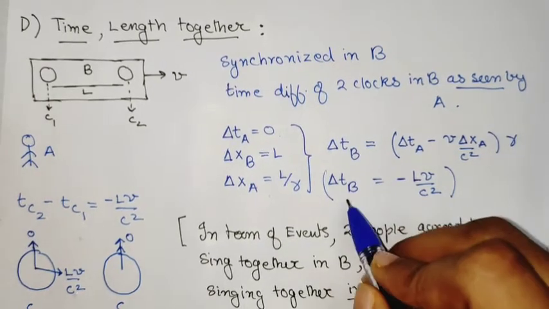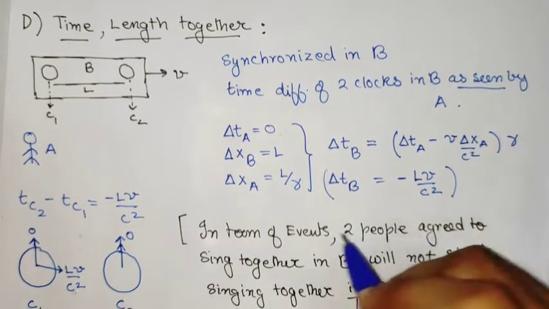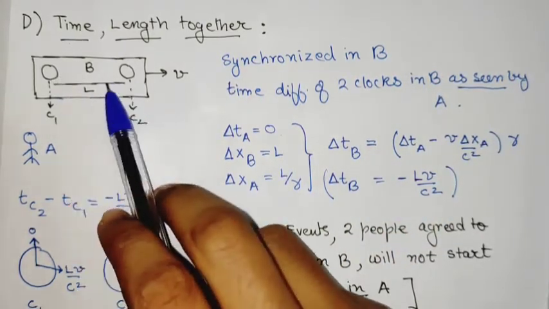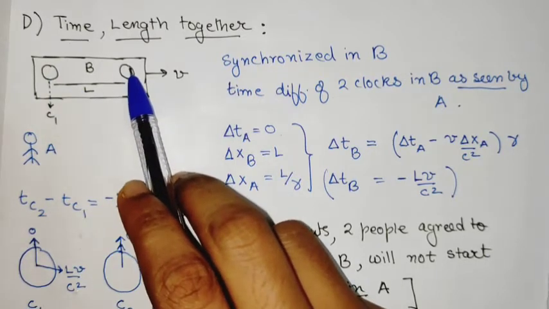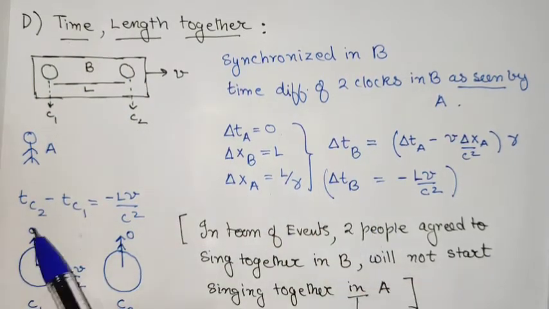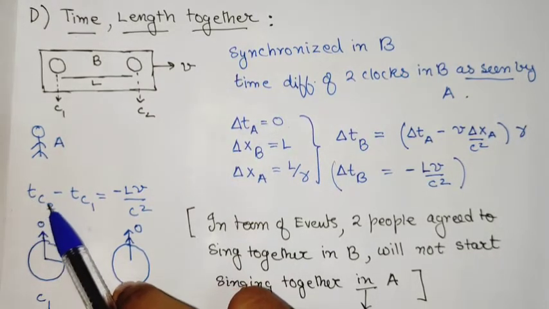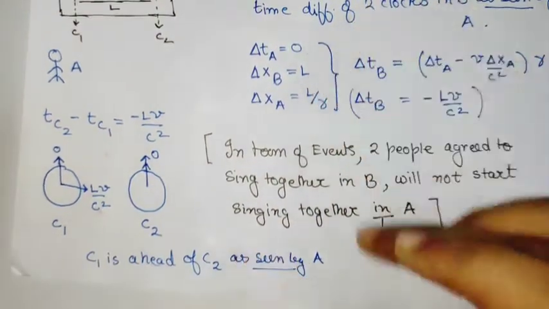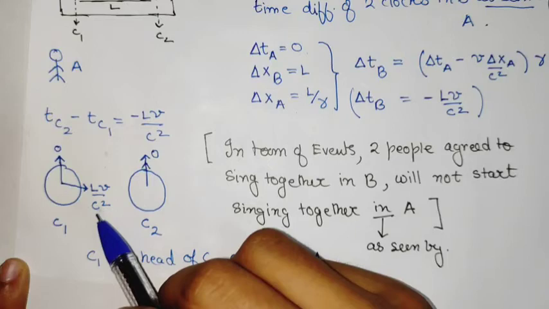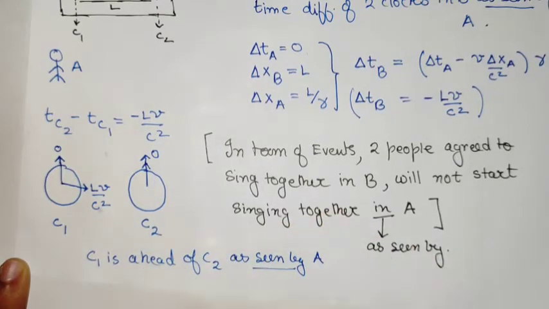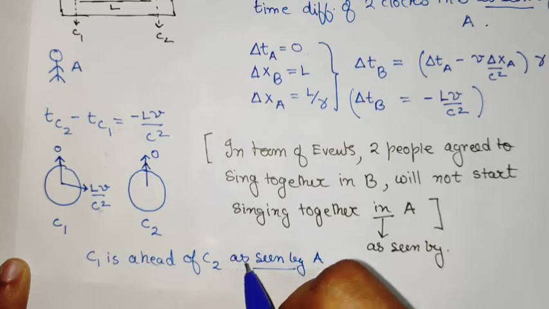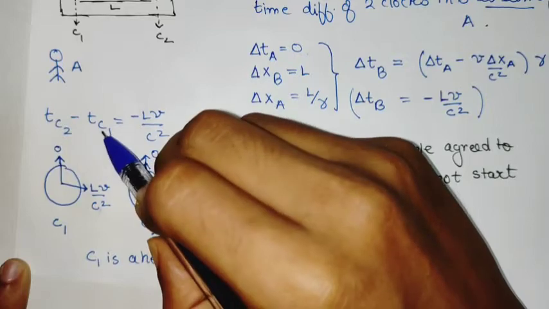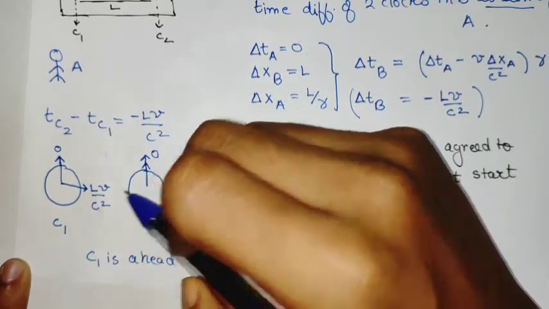Now first let's try to understand this result. Because the length is contracted, if this is the origin and this is plus L, this delta t is actually the time difference of clock C2 and C1 in this particular order. What this means is that C1 is ahead of C2 as seen by A, because C1 is reading more time than C2.